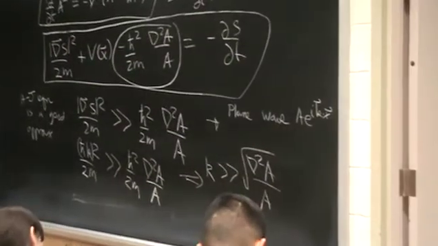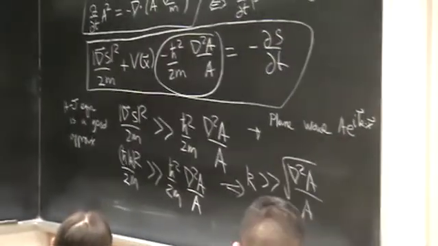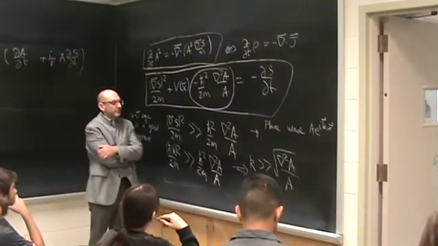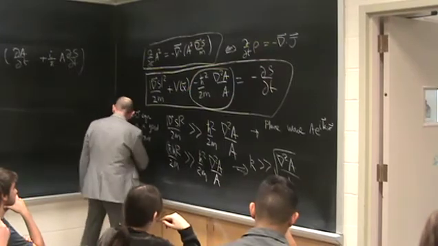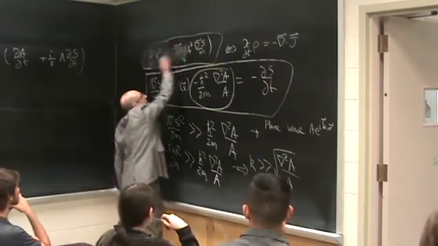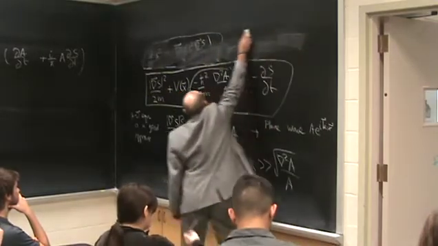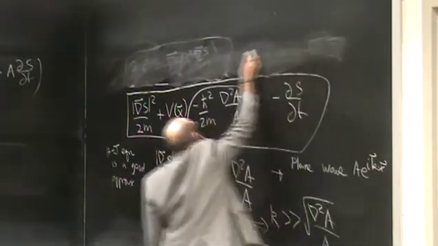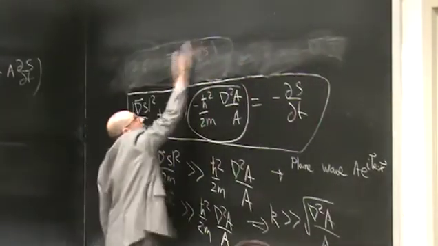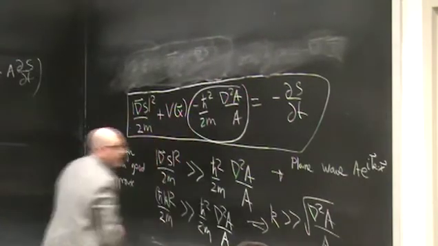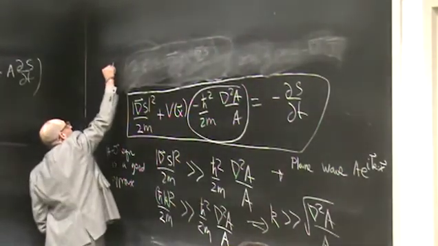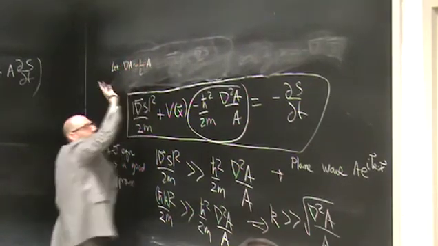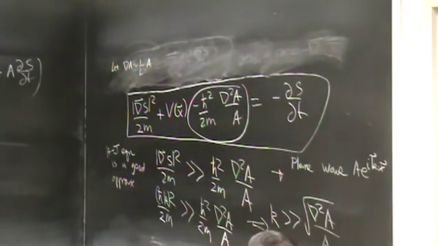Now, let's say that there's some characteristic length scale over which the wave function changes its amplitude. This is just a very rough kind of picture.